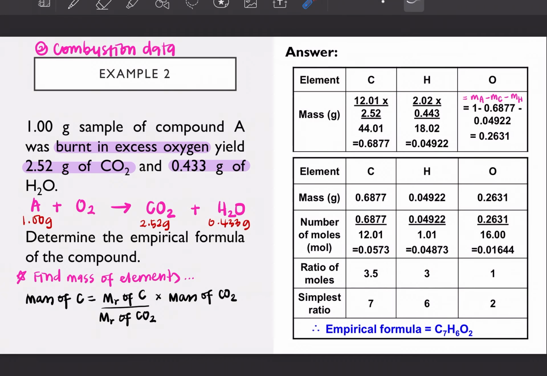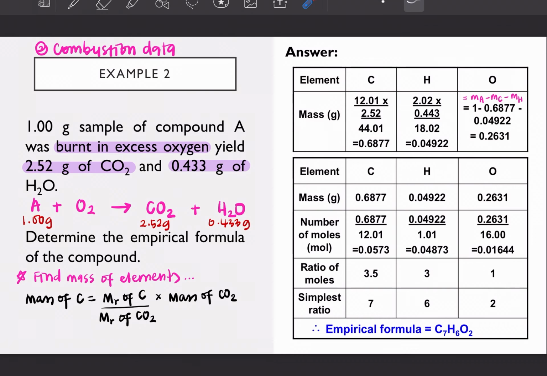Because you have oxygen here, you have oxygen here, you have oxygen here. So it is easier to find the mass of carbon isolated in carbon dioxide only, and the mass of hydrogen isolated in water only. For oxygen, you would have to calculate for both. So this makes it easier for you. Use this step.